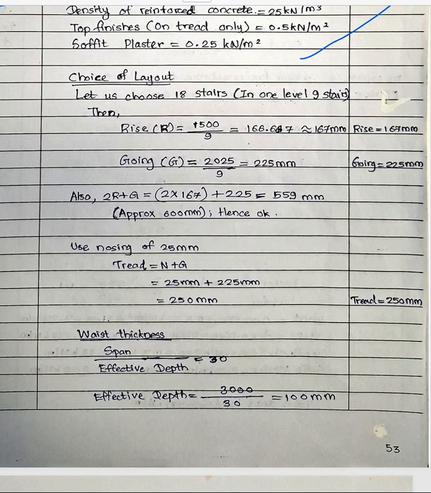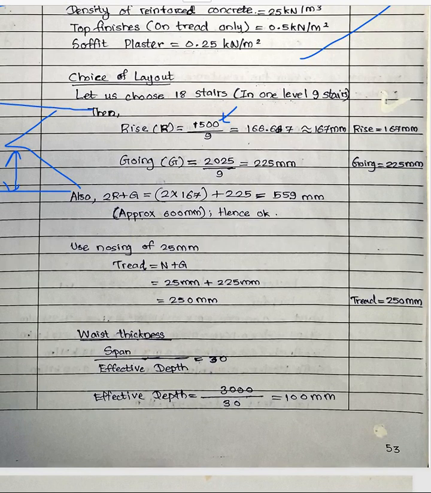The rise is the vertical distance between the level difference. So rise is equal to 1500, the elevation difference, divided by the steps. This is the 1.5 meter. So the rise length is 167 millimeter.